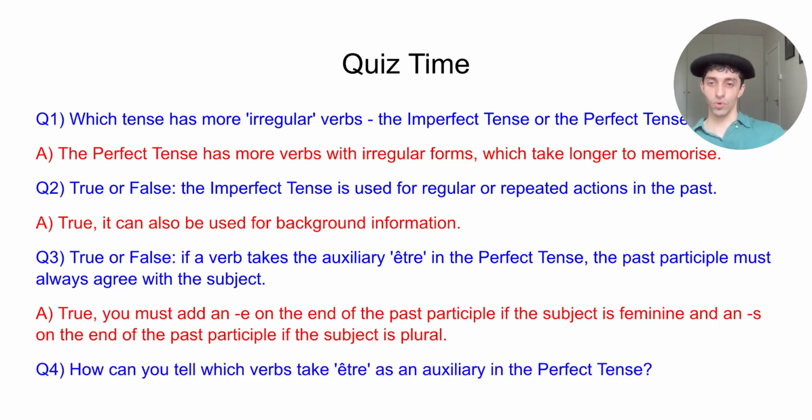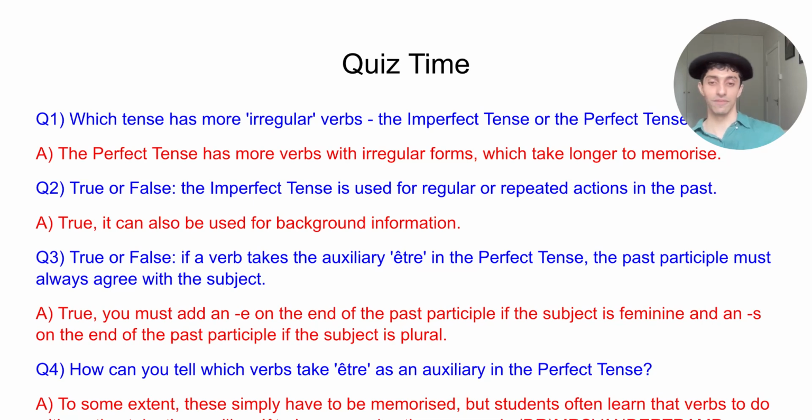And lastly, number four, how can you tell which verbs take être as an auxiliary in the perfect tense? I mentioned this right towards the end. Let me show you the answer for this one as well. So, to some extent, these do have to be memorized, but there are various ways to remember them.